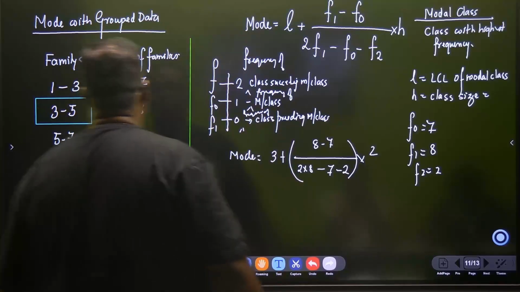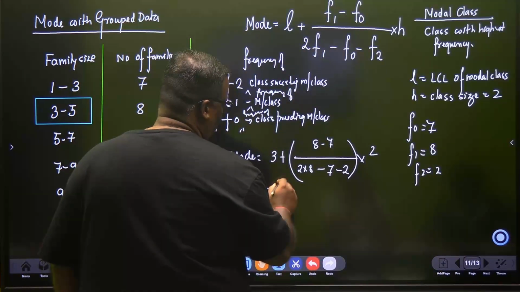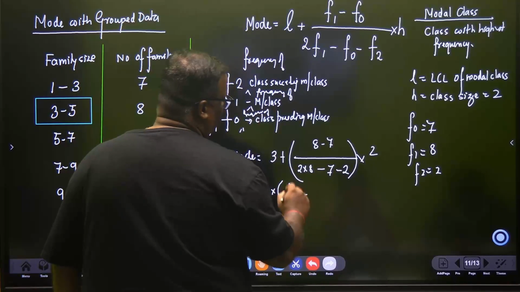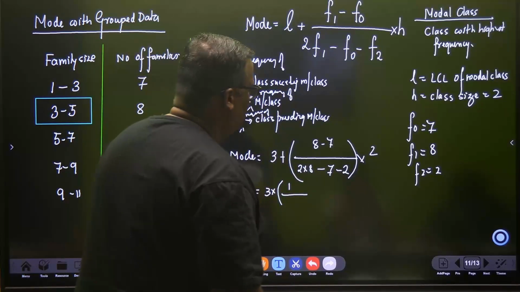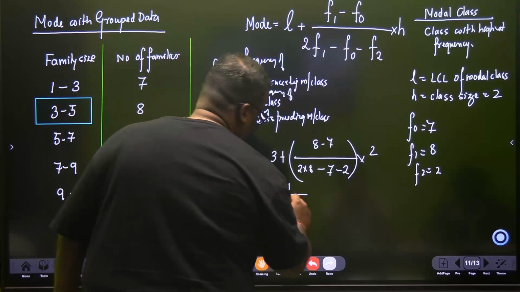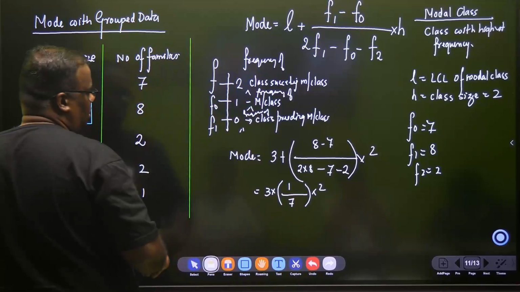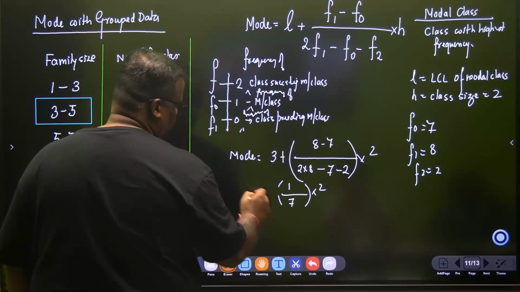Class size is 2, right? So this is 3. 8 minus 7 is 1. 2 8s are 16. 16 minus 9 is how much? 7. And this is multiplied by 2. Right? This is plus.